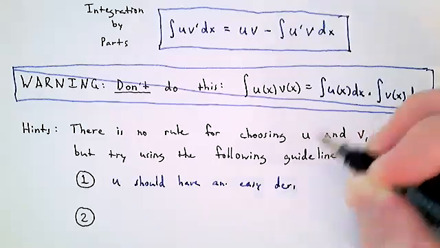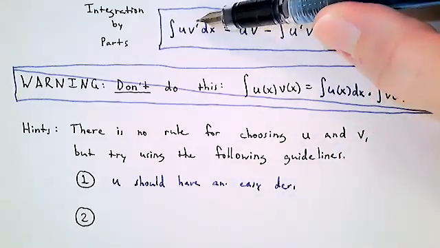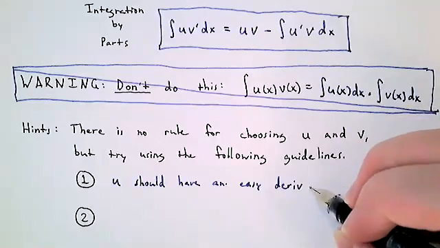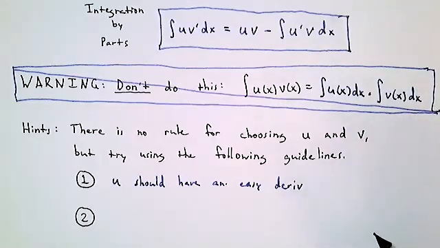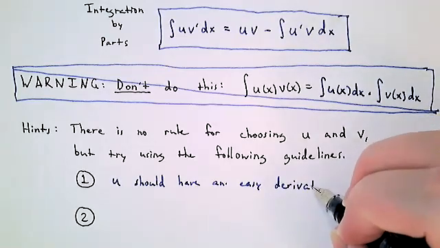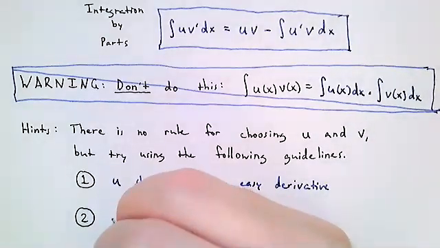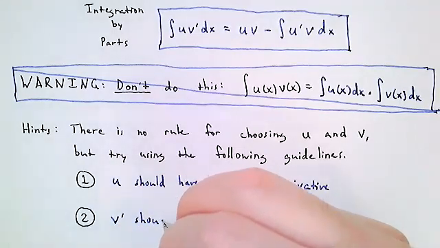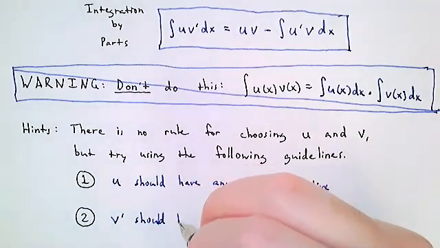And since we're going to need to find an antiderivative for v, we need to make sure we choose v so that we can actually find that antiderivative. It shouldn't be a lot of work. So v prime should have an easy antiderivative.